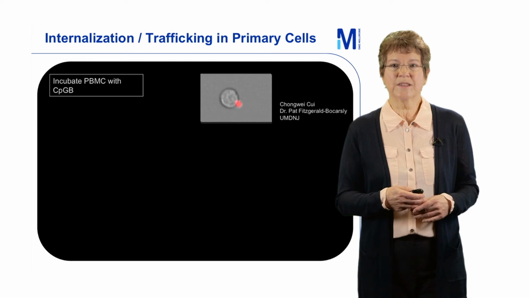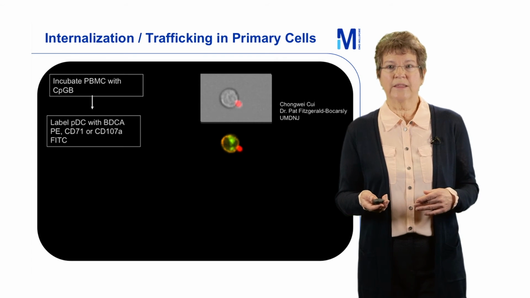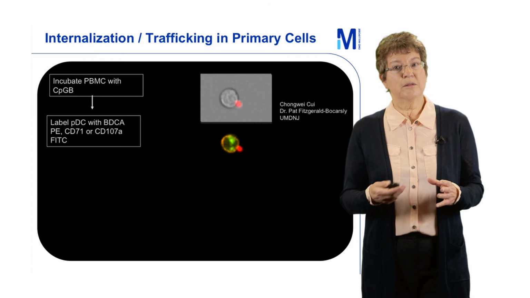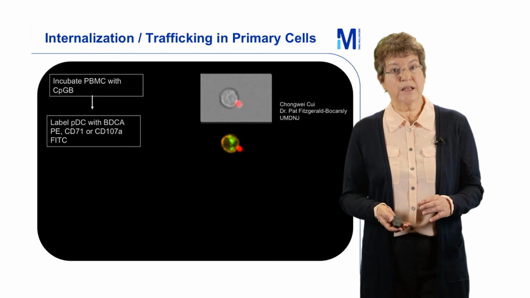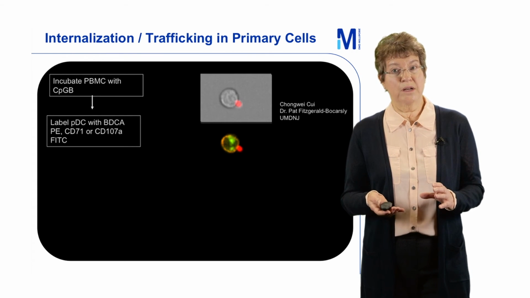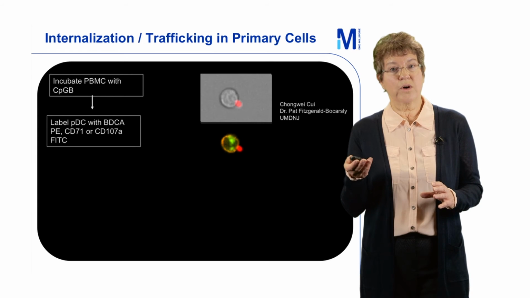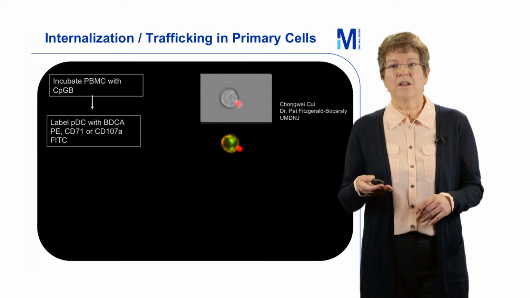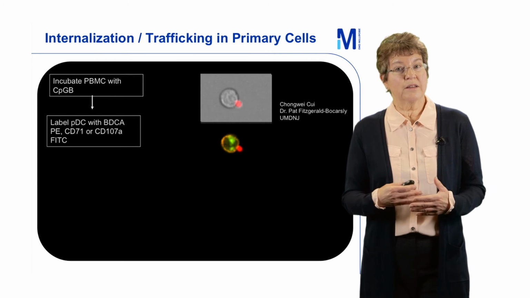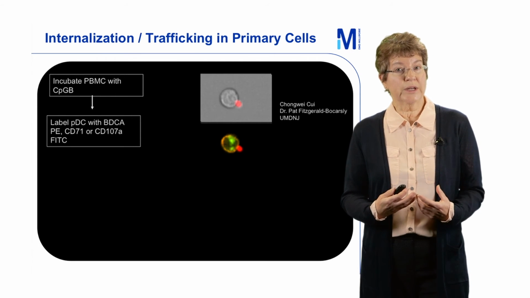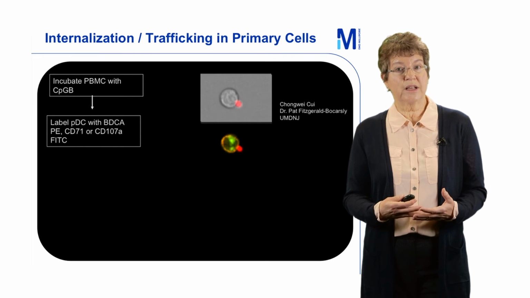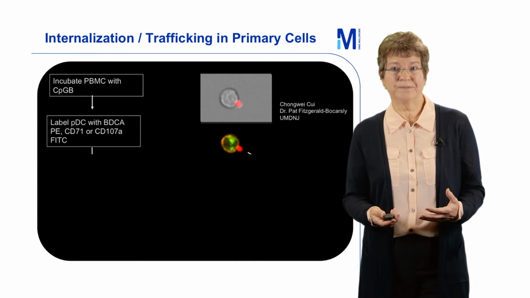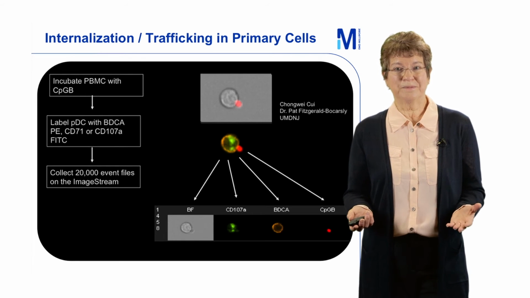So here you see the CpGB molecule that's labeled in red, and looking at the plasmacytoid dendritic cells labeled with BDCA1 in orange on the cell surface. Also staining for the internal organelles, the endosomes and the lysosomes, with either CD71 or CD107A in green.